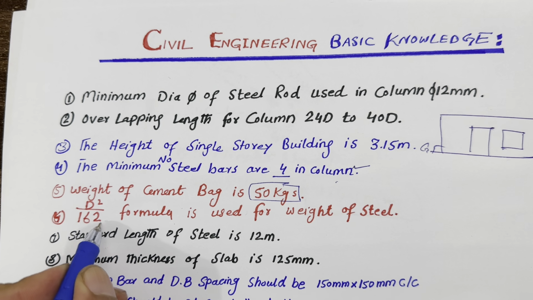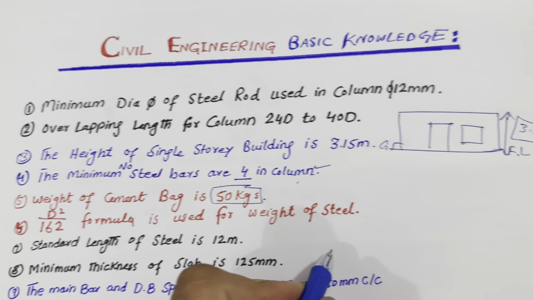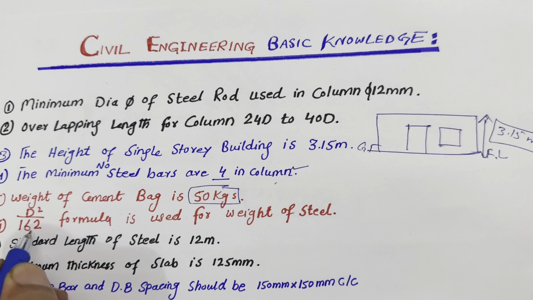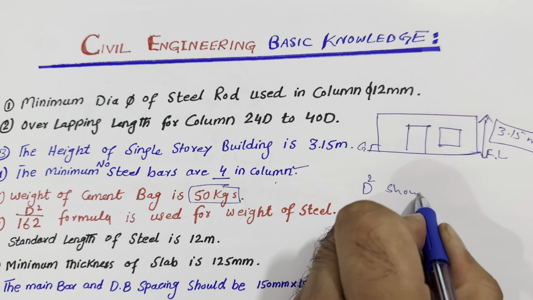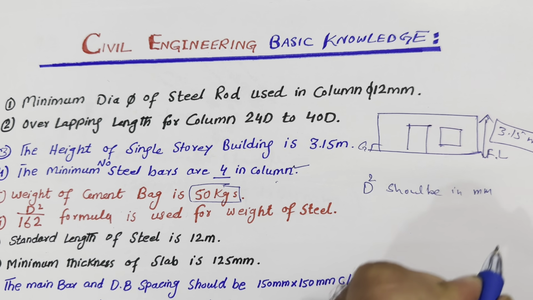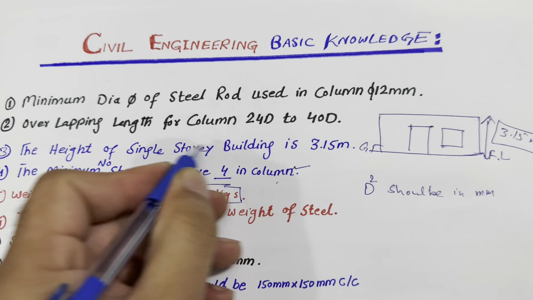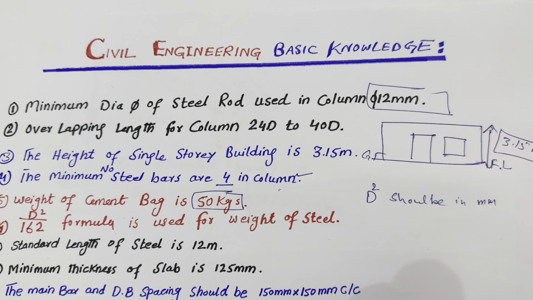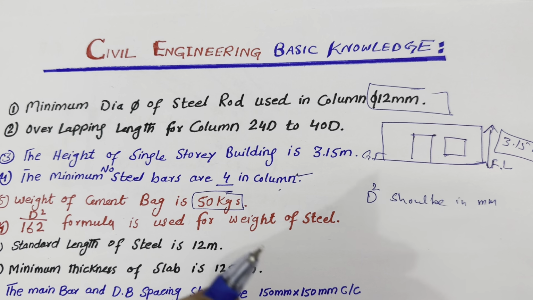Next, the formula D squared divided by 162 is used for the weight of steel. If you want to find the weight of steel, use D squared divided by 162. Remember, D should be in millimeter. Suppose I am finding the weight of steel for 12 millimeter, as I discussed here. What is the weight of a 12 millimeter diameter steel rod if the length is 1 meter?